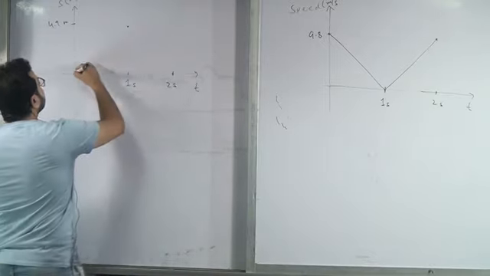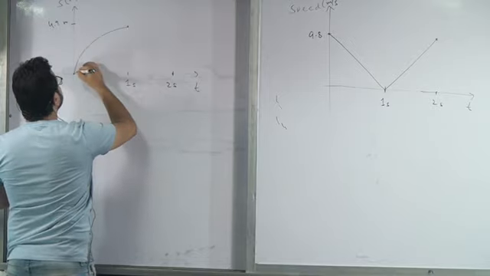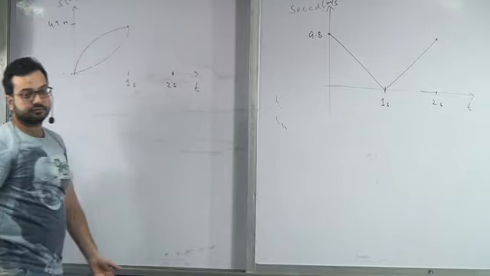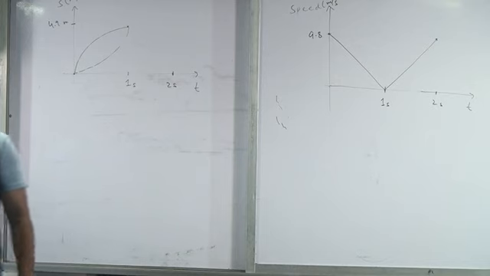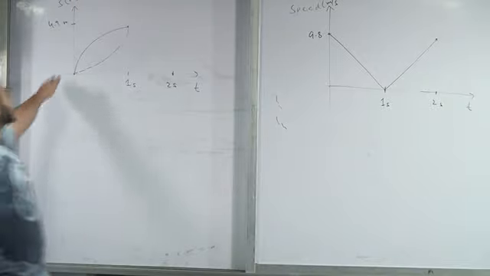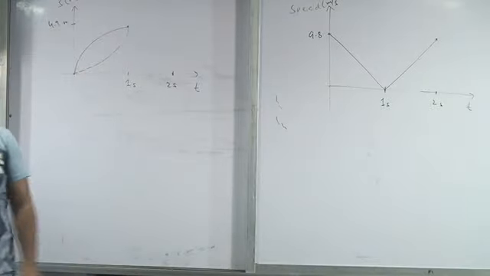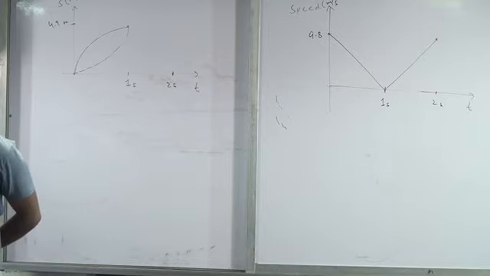Now here also there is a problem. Should I join it with this curve or should I join it with this curve? Above one. Why above one? Velocity is positive.